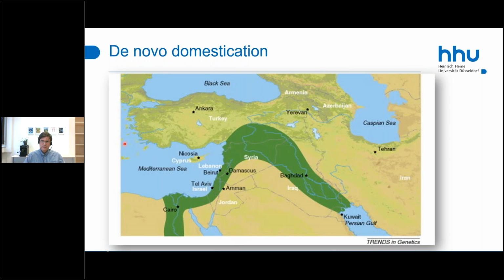The domestication of barley took place in the so-called Fertile Crescent, given here in green, covering those countries: Jordan, Syria, Armenia, Iran, Iraq. In this area, the domestication of barley took place.